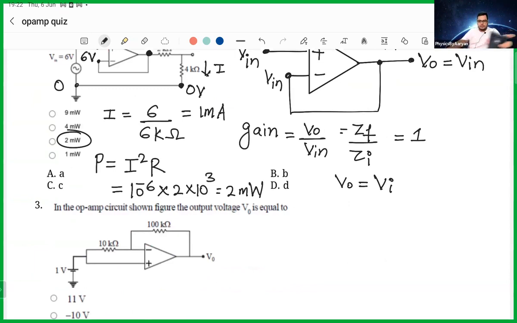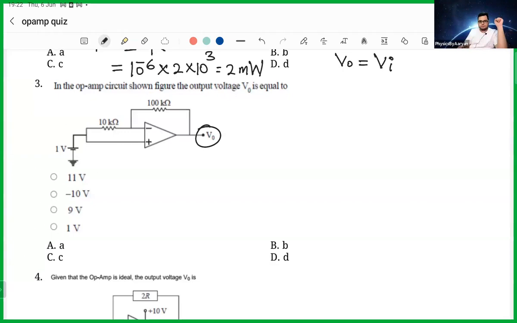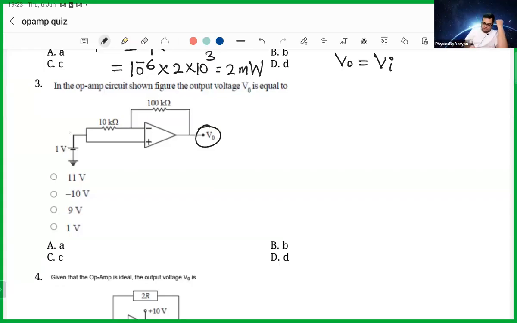Okay. Let's go to the next part. Next question. In this case, try this problem. So we have 1 volt here.